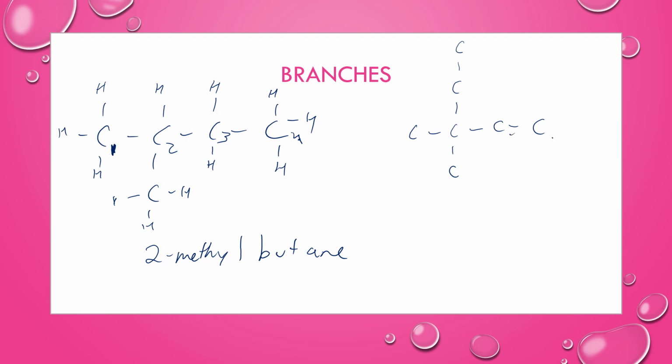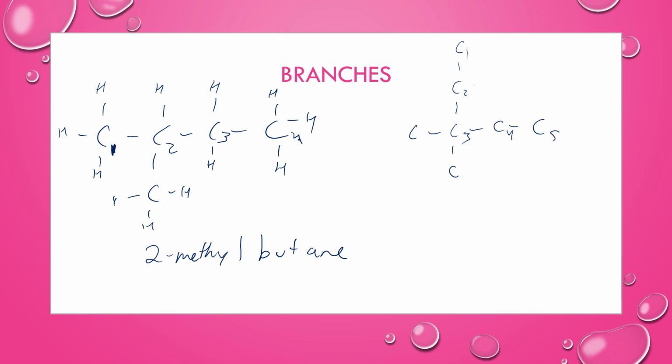You always have to find the longest set of carbons in a row. And that actually is this right here. And the branches are right smack dab in the middle, so it doesn't matter which end I start numbering on. I have 1, 2, 3, 4, 5. If I numbered the other way, it would still be 1, 2, 3, 4, 5. The branches would still be on carbon 3.